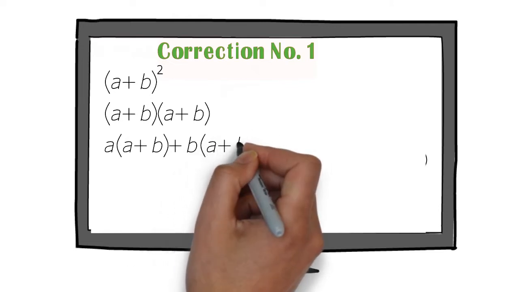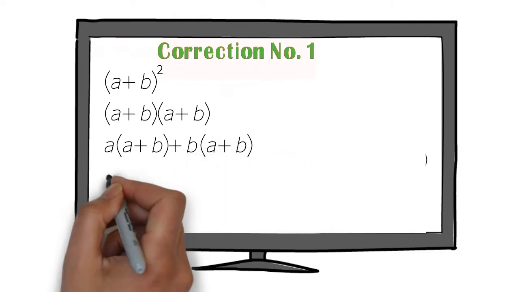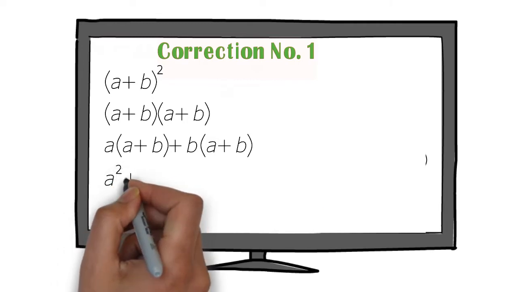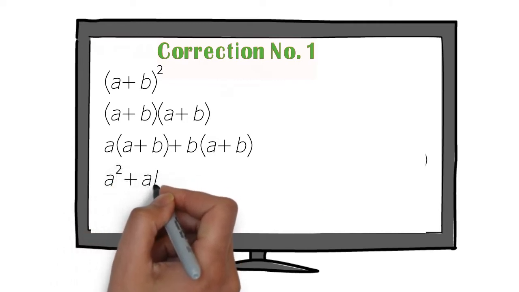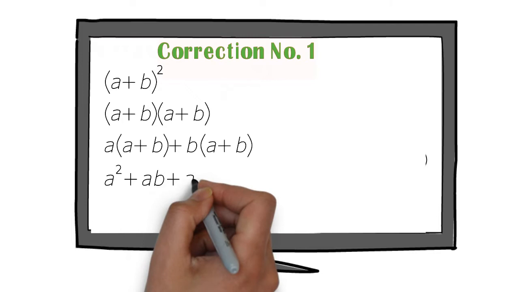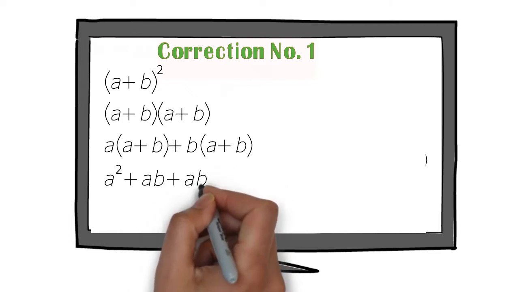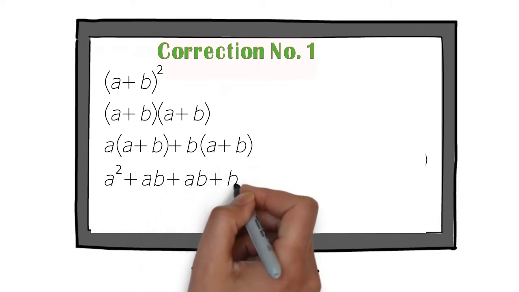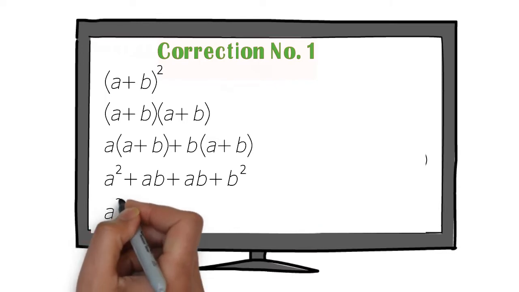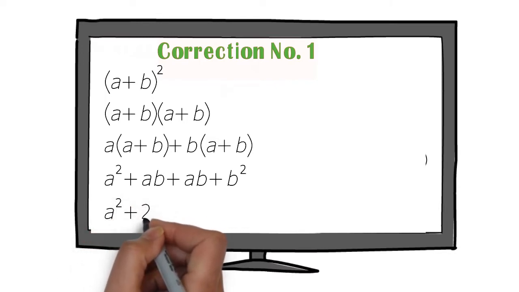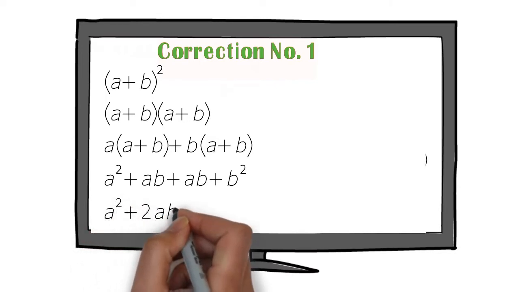So you expand the whole expression, that is a square plus ab plus ab plus b square, which in turn gives a square plus 2ab plus b square.